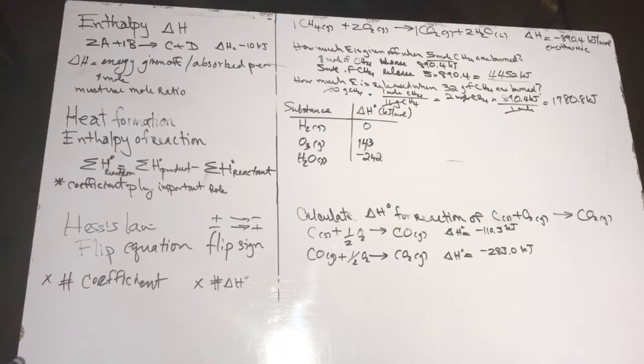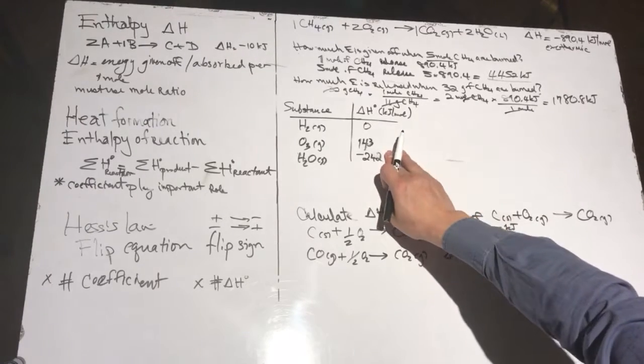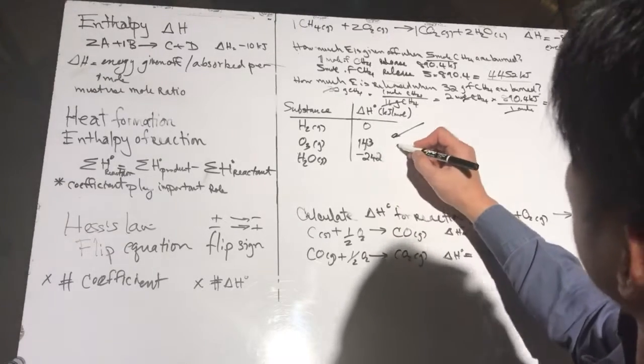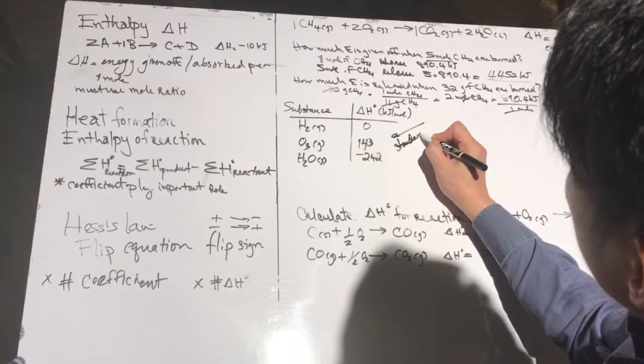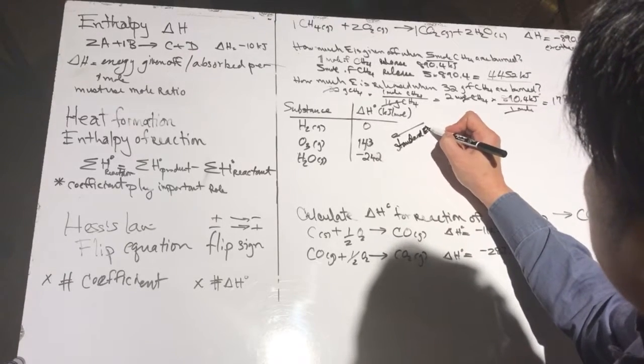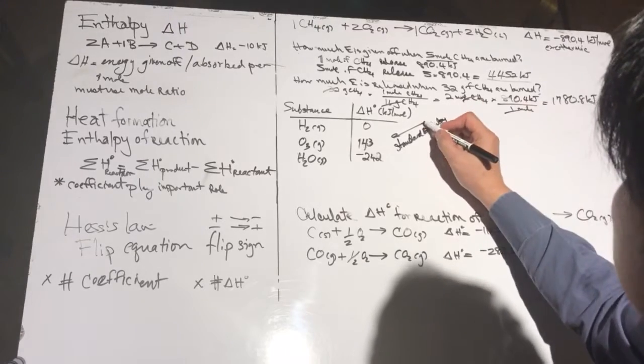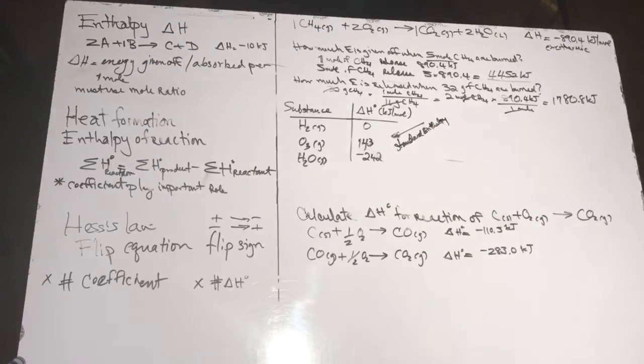First we're going to look at the table here, which is called standard enthalpy. This table is given to you. All you have to do is be able to interpret what information is given.